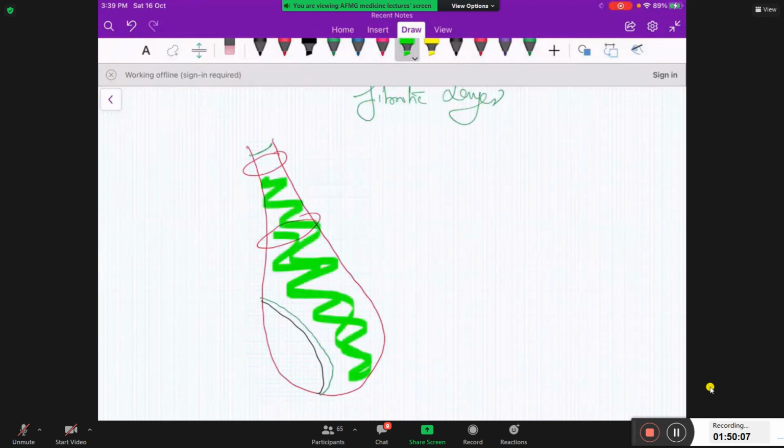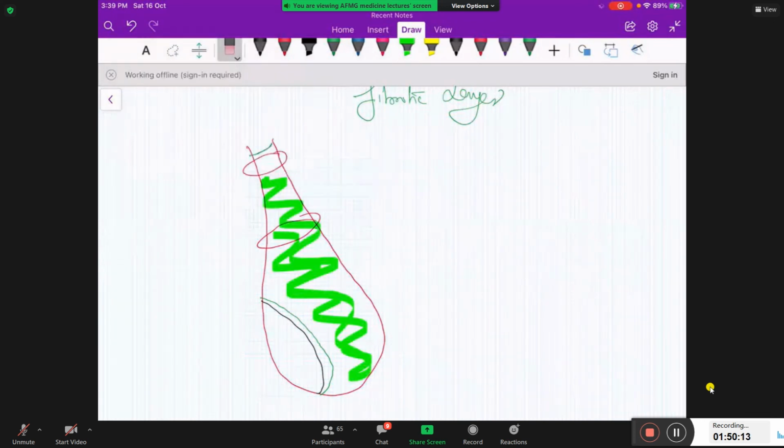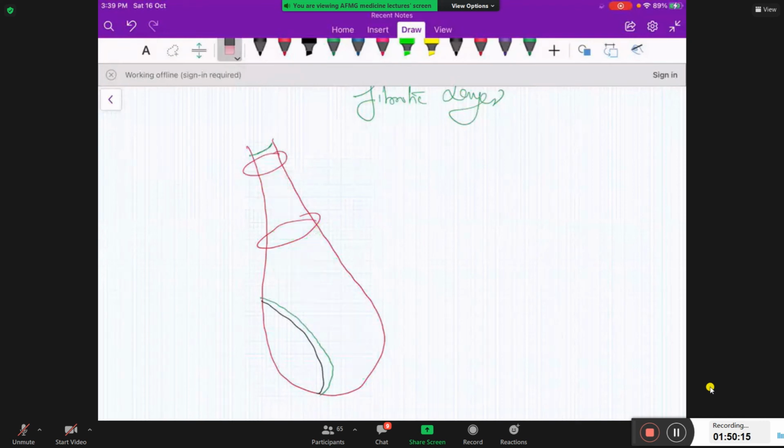So this is normal. But if this whole processus vaginalis stays patent, this discussion is important and a potential question, it will lead to congenital inguinal hernia, right?